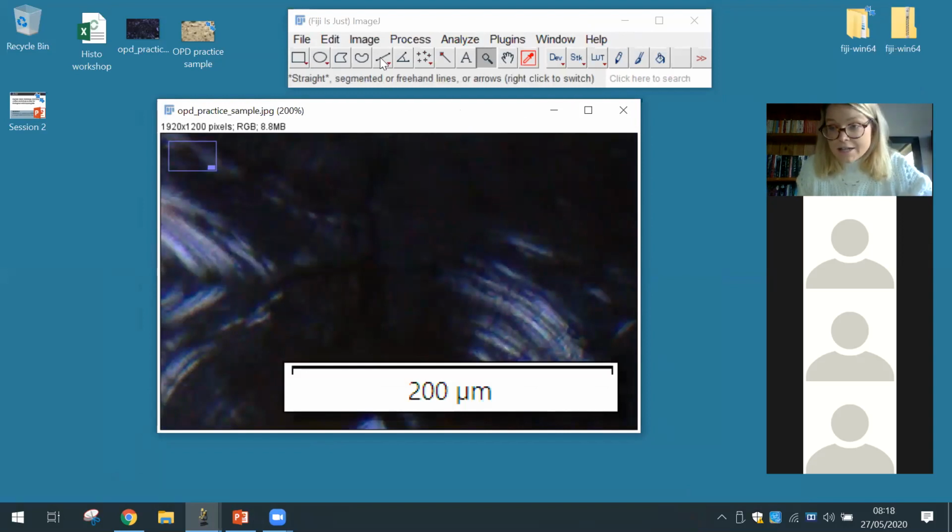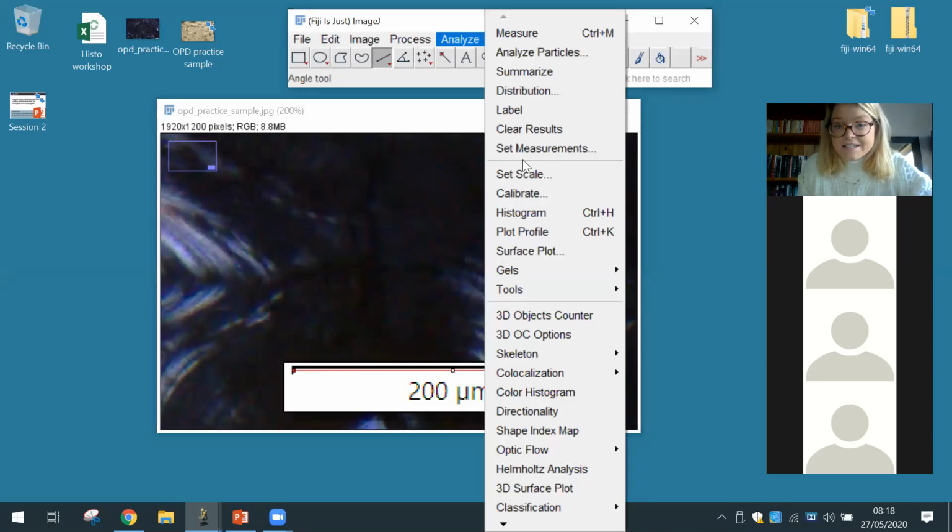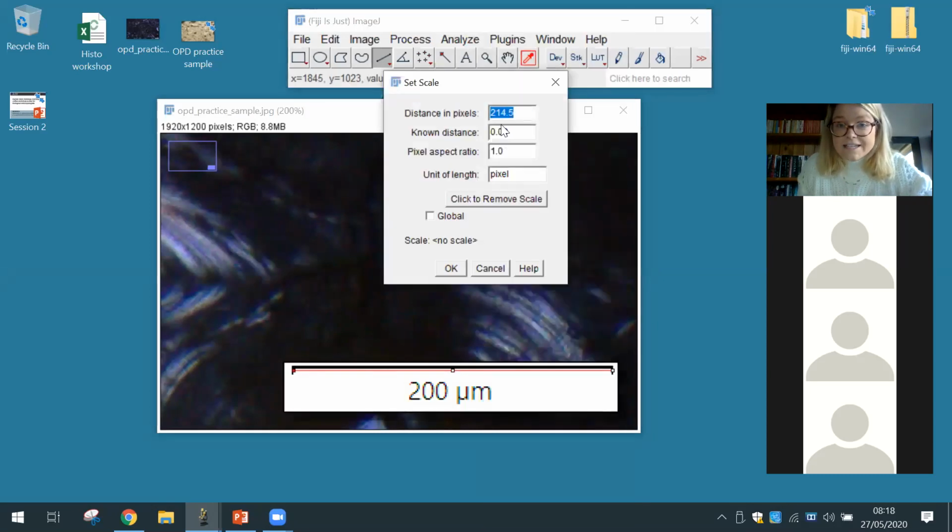Click on the straight line tool, and then simply select the scale that is 200 microns. I'm probably not doing it very well right now because it's just a quick demonstration, but you get the gist. Analyze, Set Scale, and then tell ImageJ that the known distance is, we're going to do it in millimeters, so it's 0.2 millimeters. Now, for today, we're going to set it to global.